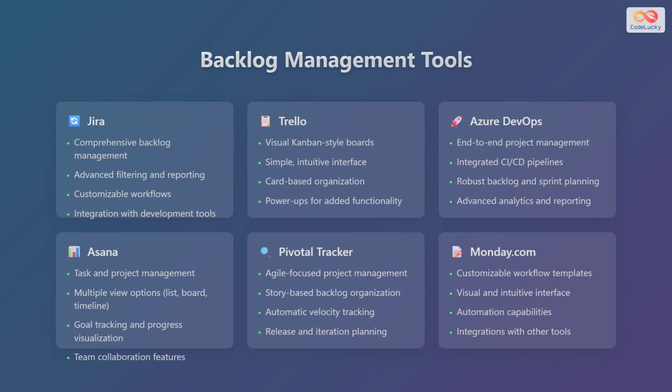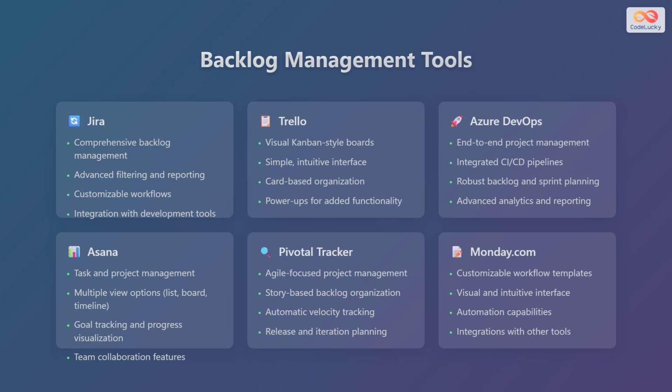Several tools are available for backlog management. Jira offers comprehensive backlog management, advanced filtering and reporting, customizable workflows, and integration with development tools. Trello provides visual Kanban style boards, a simple intuitive interface, card-based organization, and power-ups for added functionality.